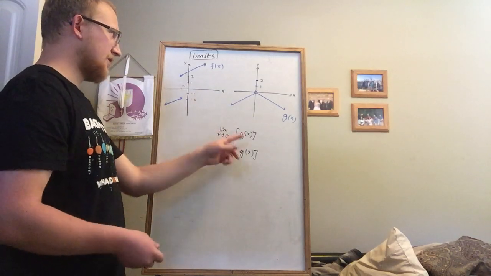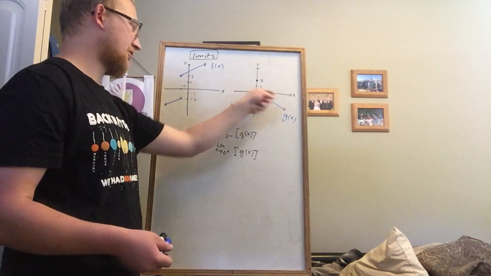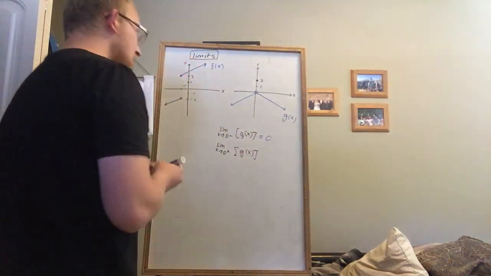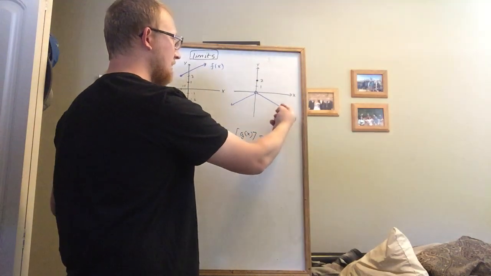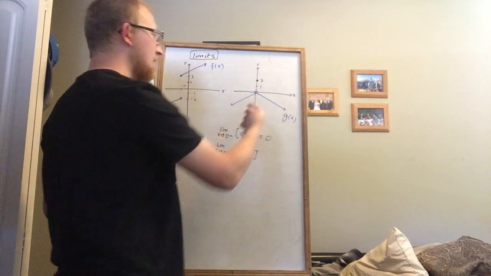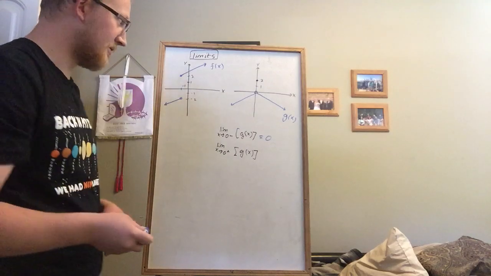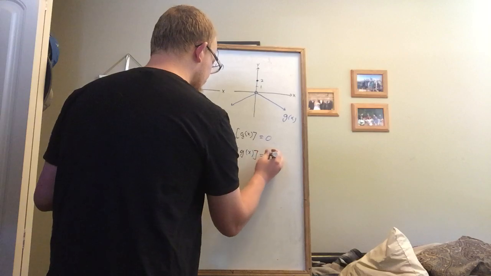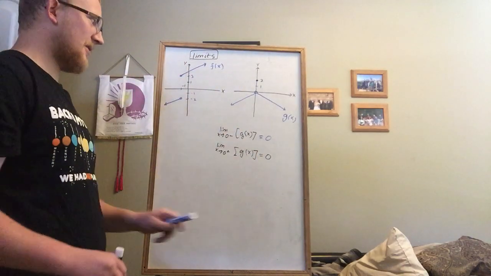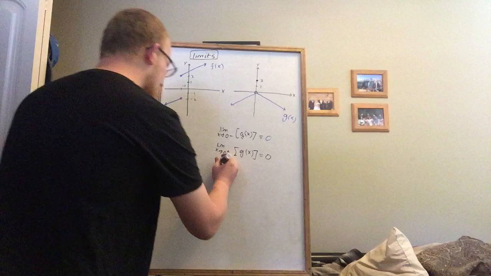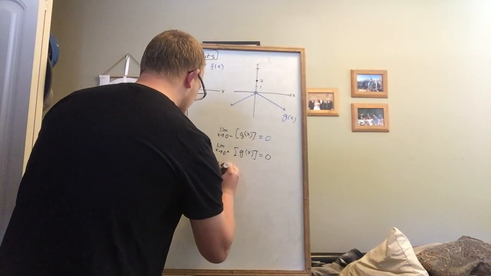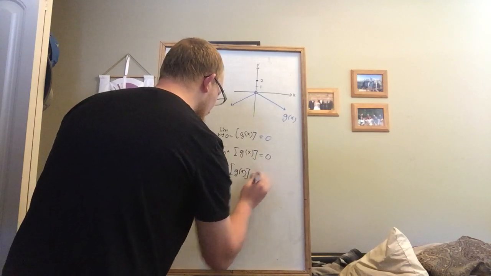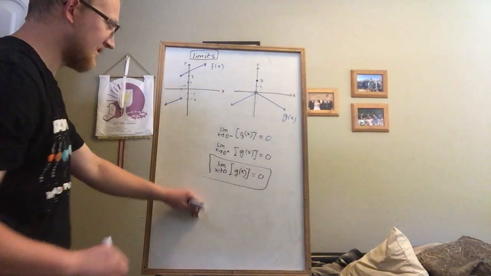So in other words, g of x as we approach 0 is actually approaching 0 as well. So that's 0. And as we approach from the right, the closer and closer to x equals 0 we are, the closer and closer we get to y equals 0. Or you could think of that as g of x equals 0. So once again, we get 0 here. The left-handed limit and the right-handed limit agree. Therefore, the true limit as x approaches 0 from either side of g of x is also equal to 0. So there's a limit that does exist.